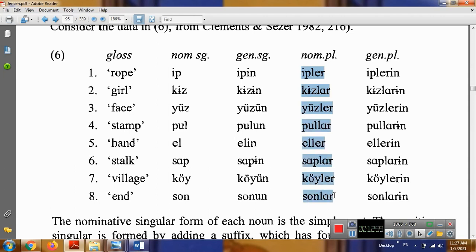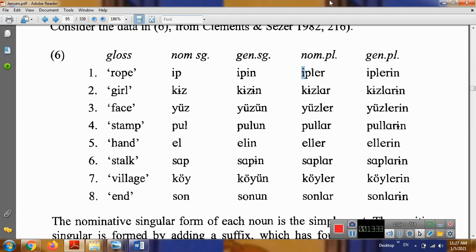Pay attention to this data. When do we have ler and when do we have lar? I want to check this matter. When the vowel of the root is e, we have ler. When the vowel of the root is u, we have ler. When we have a, we have ler, and when we have u, we have ler.